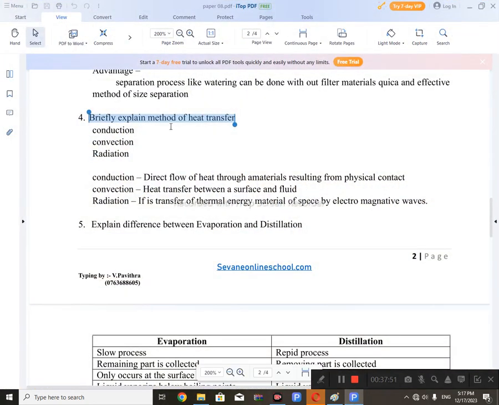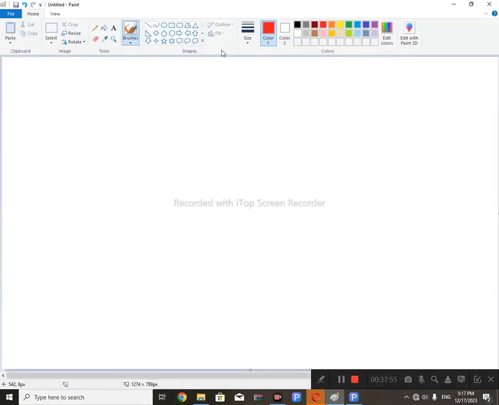Briefly explain the method of heat transfer method. Conduction.